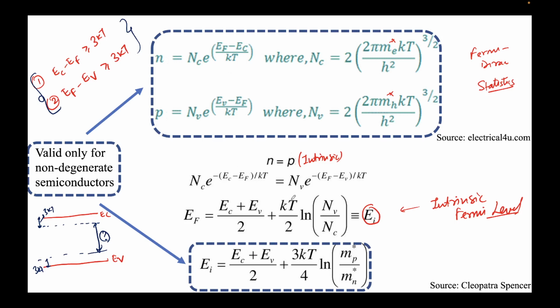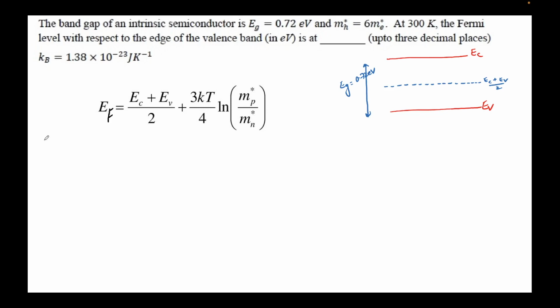So in our question, we'll just go ahead and assume that it's a non-degenerate semiconductor, and in the end we'll verify whether it's degenerate or non-degenerate. Now coming back to the problem, we were required to find EF minus EV. So I'll replace this expression for EF here. It will be EC plus EV by 2 plus 3 kT by 4 natural log of Mp star over Mn star.